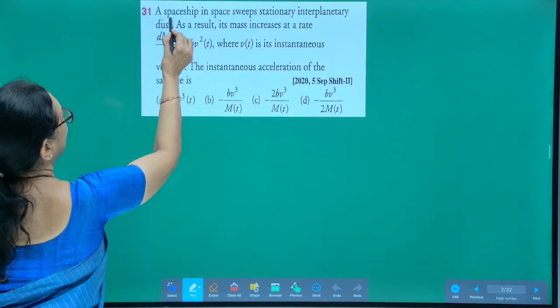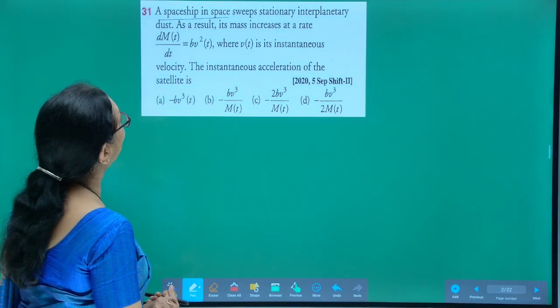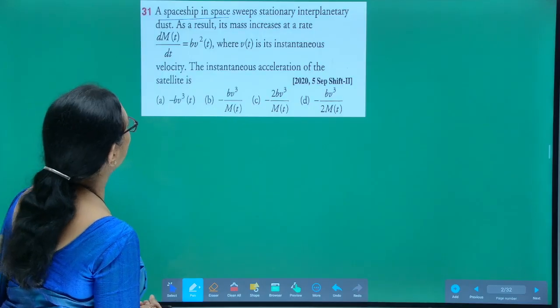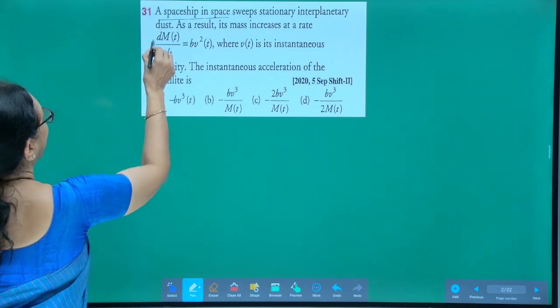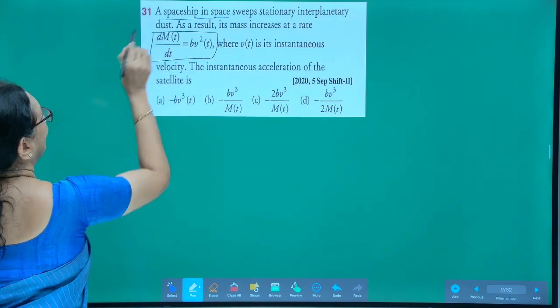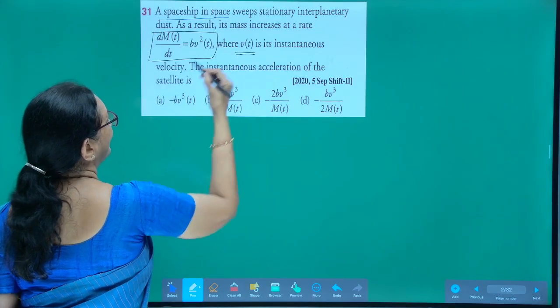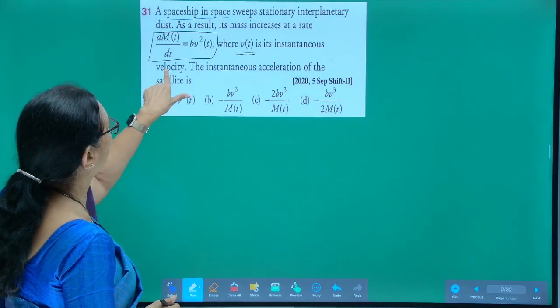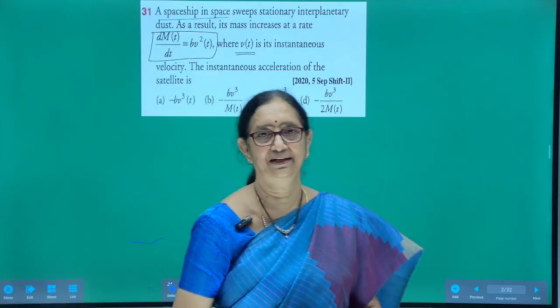A spaceship in space sweeps a stationary interplanetary dust. As a result, its mass increases at a rate dm by dt is equal to bv square, where v is the instantaneous velocity. What is the instantaneous acceleration?